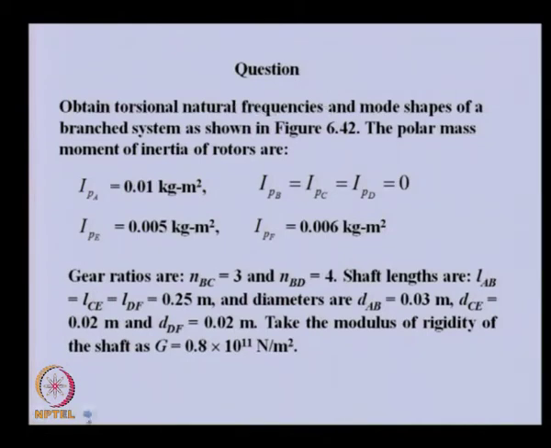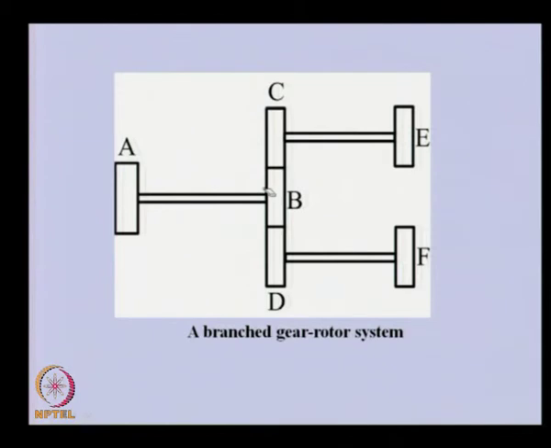The branch system is similar to the previous one, the only thing is for analysis we have taken only one disk in branch A, similarly another disk in this particular branch, so we have not used multiple disks, only a single disk we have considered in each of them.